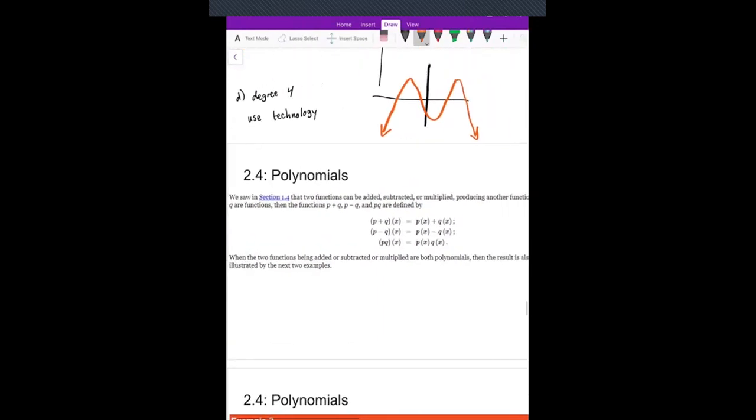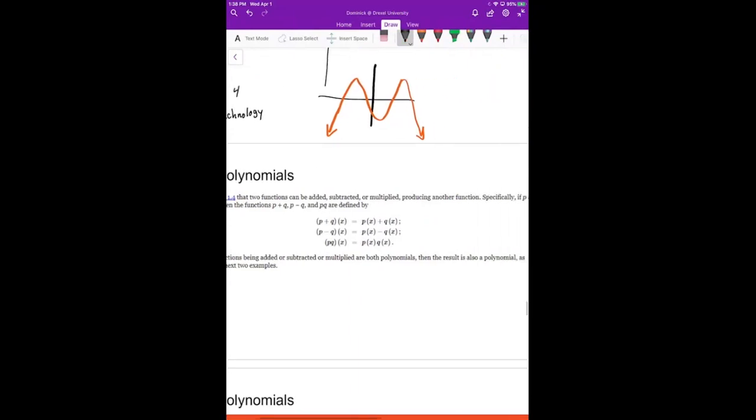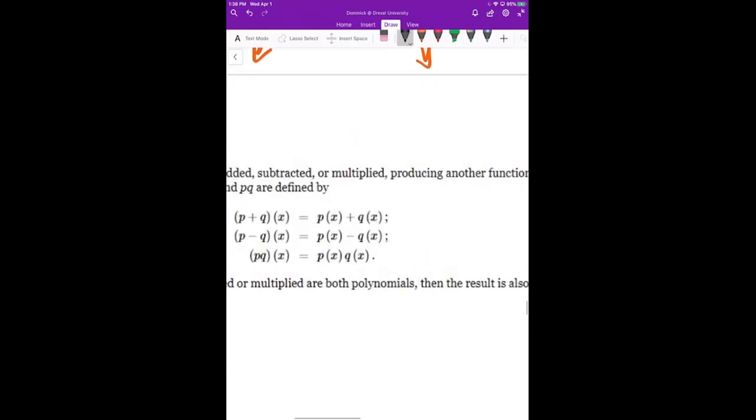Okay, so let's talk about how we can do some different things with adding, subtracting, and multiplying polynomials. This works exactly like how you think it would. If you want to add two polynomials, this is where you combine like terms.